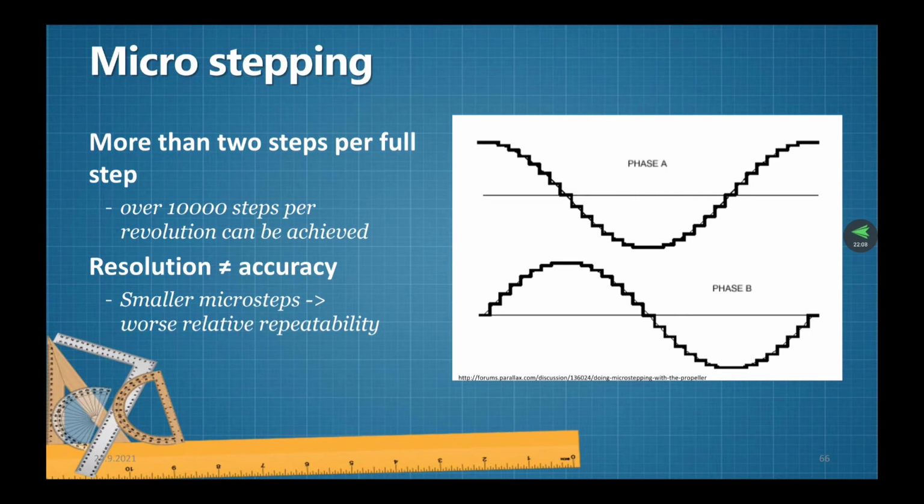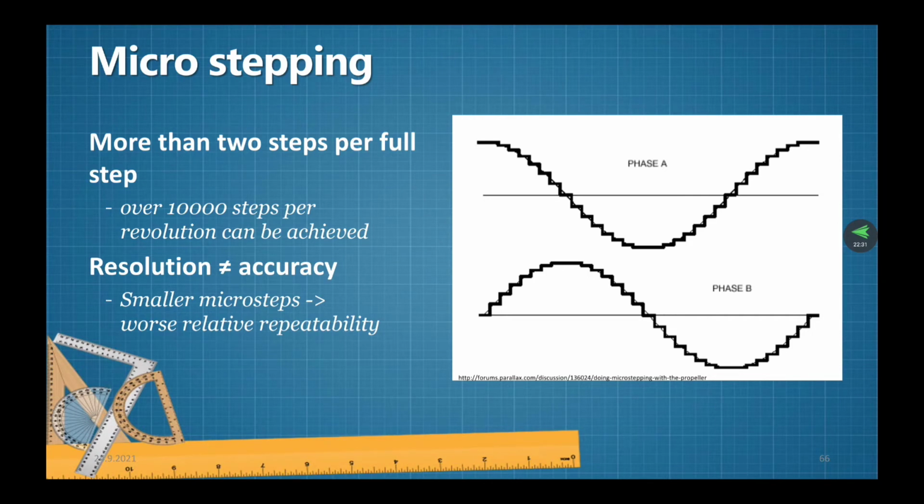So for microstepping, there's 2 steps for a full step. Over 10,000 steps per revolution can be achieved. In here, the resolution is not equal to the accuracy.